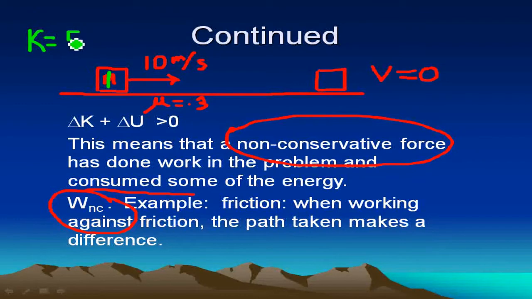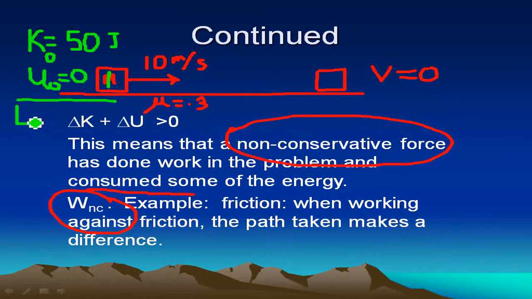So altogether that means 50, isn't it? 50 joules of kinetic energy. That's K0. And since we're on a level surface, we have no potential energy, so we'll call that U equals 0. So our total mechanical energy at the beginning of this problem is E0, 50 joules.